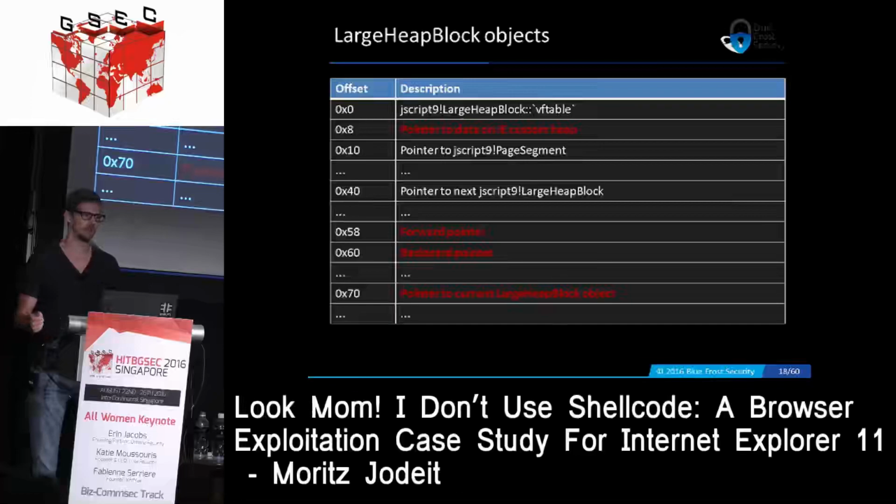This is nice, because this way we can get a reference to the custom heap, which becomes useful afterwards. At offset 58 and 60, there is a forward and a backward pointer, which usually is set to null, and I will talk about that in a bit, why this is interesting. And finally, at offset 70, there is a pointer to the large heap block itself. This is nice, because by leaking that pointer, you immediately find the address of the current large heap block object you're operating on.